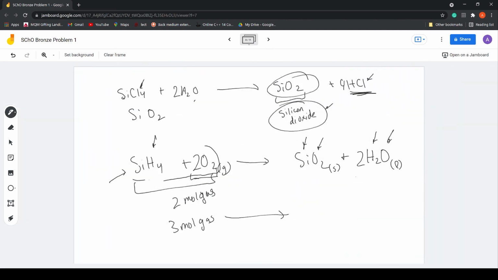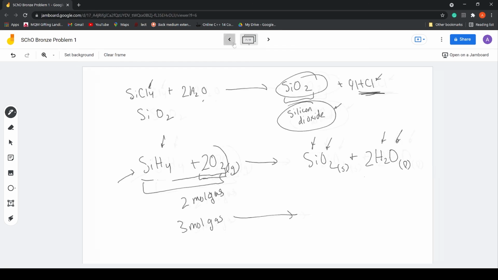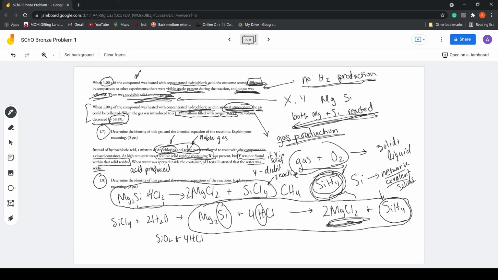It was really quite a difficult question. It really wasn't locals level, but I think it was a pretty good question to go through. It really helps you think about how to approach stoichiometric problems. I think a big takeaway is to just look at the things that you think are important, right? Look at these key facts. For example, look at the water being acidic. Look at the solid residues.